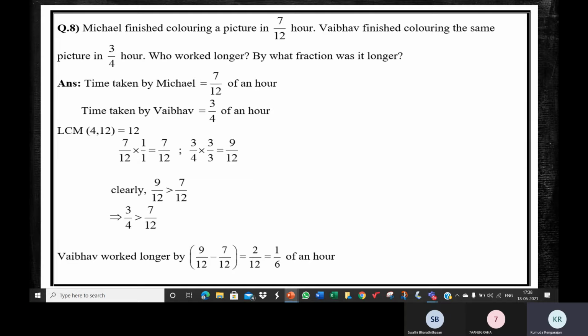Now tell me, children, what is 7/12 of an hour? I think Anugraha should answer this. Ma'am, 7 by 12 into 60 minutes, ma'am.